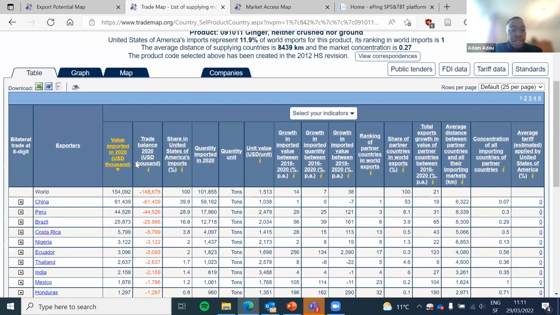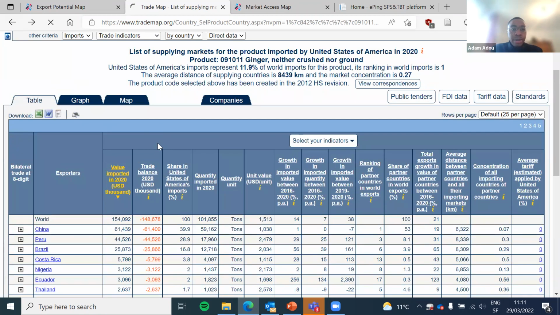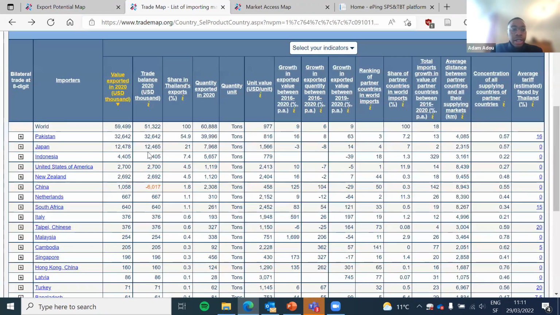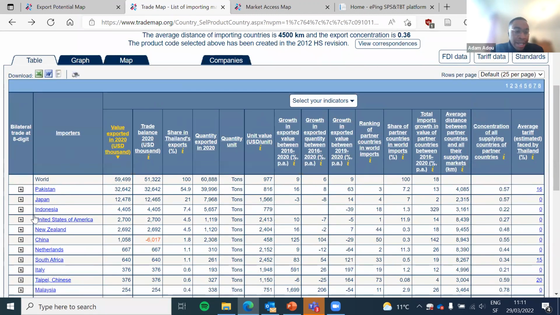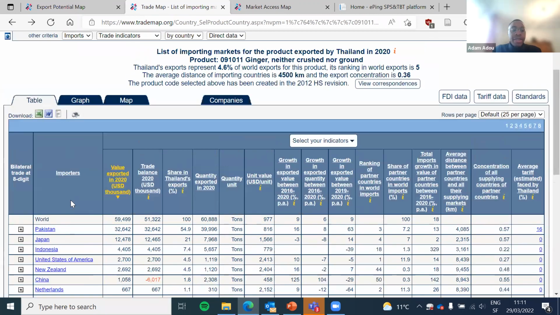And the last thing I wanted to show you, so let's get back to the previous pages, is that for each destination country where Thailand is exporting ginger, you might be able to find out which are the clients they can reach out to in order to sell their product in those specific countries.